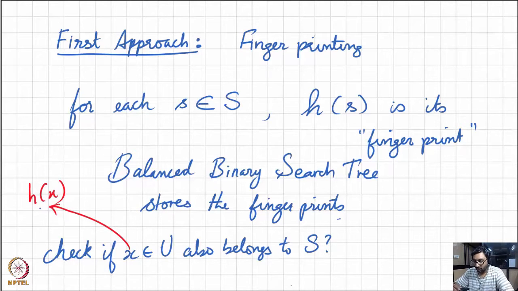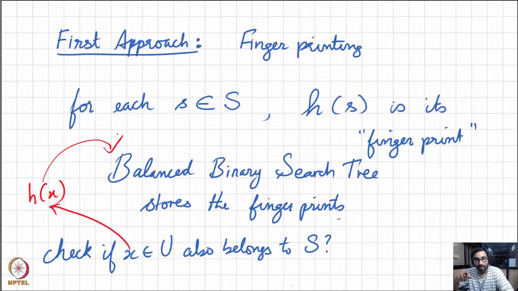Using the hash value, we search in the balanced binary search tree and check to see if that hash value is present. Now, if the hash value is not in the balanced binary search tree, then for sure we know that that user ID is not taken so far. So no false negatives are allowed.